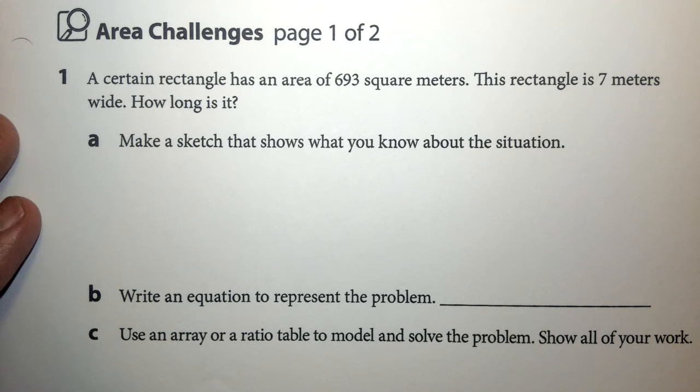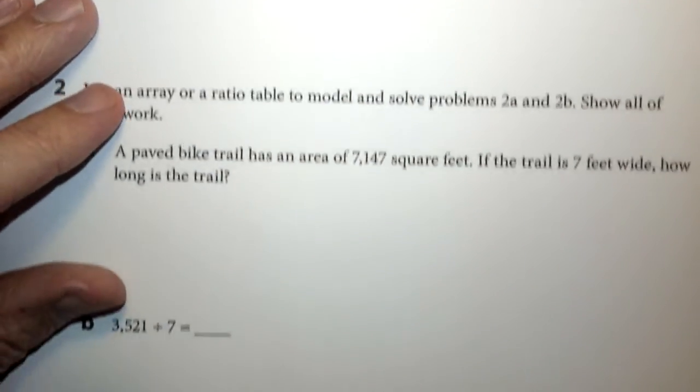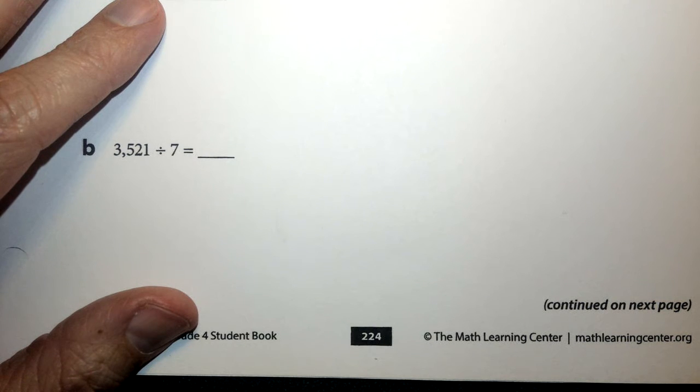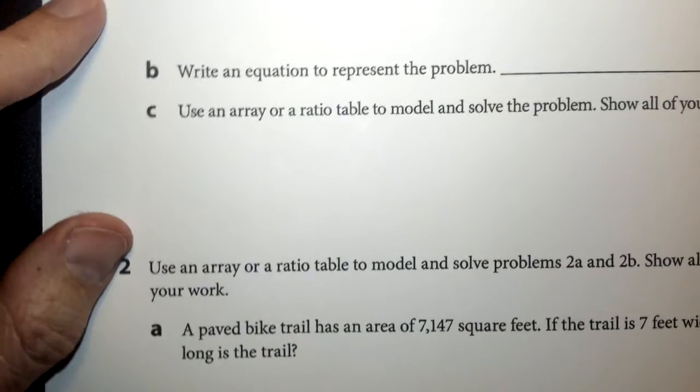All right, boys and girls, so for this second video, I need you to get out your workbook and turn to page 224 in your workbook. So go ahead and pause this video and go get your workbook and then start it back up. As soon as you have your workbook opened with a pencil and page 224, maybe have somewhere to work, maybe sit at a table or something so you can have your workbook open.